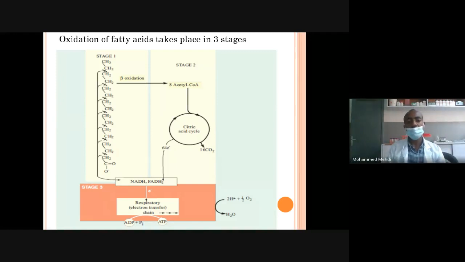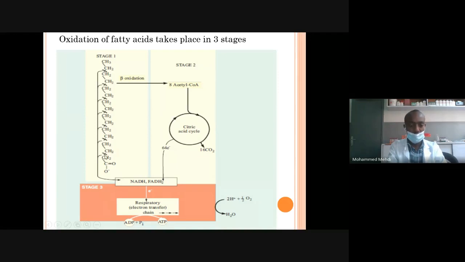As you know, oxidation is removal of hydrogen atoms, loss of electrons, or addition of oxygen, which makes the molecule oxidized. Reduction is the opposite. That means gain of electrons, addition of hydrogen atoms, or removal of oxygen makes the molecule reduced. By this oxidation, we'll have a reduced coenzyme formation.